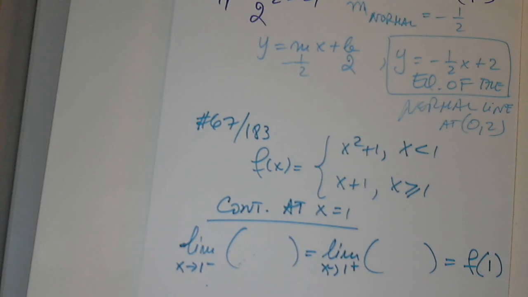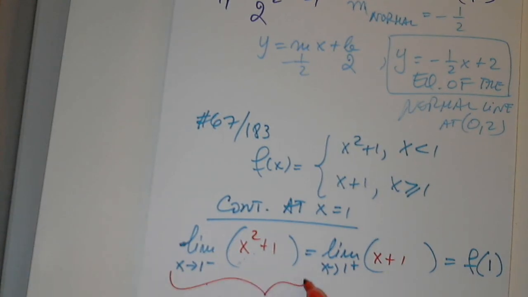Exactly. Perfect. Awesome. Good. So this is which one? Probably the first one, so x squared. Very good. And this is x plus 1. So what does this equal to? 2. Excellent. What does this equal to? 2. And what does this equal to? 2.